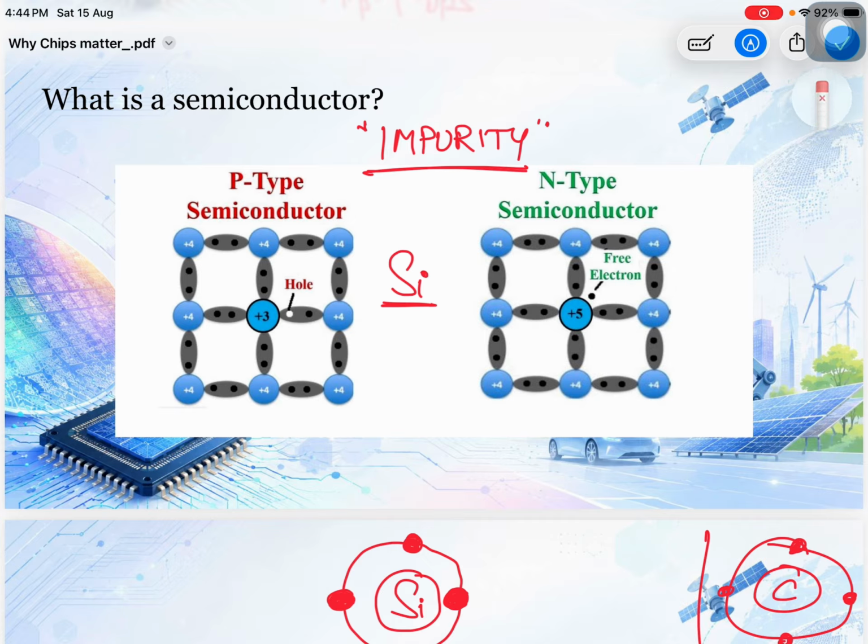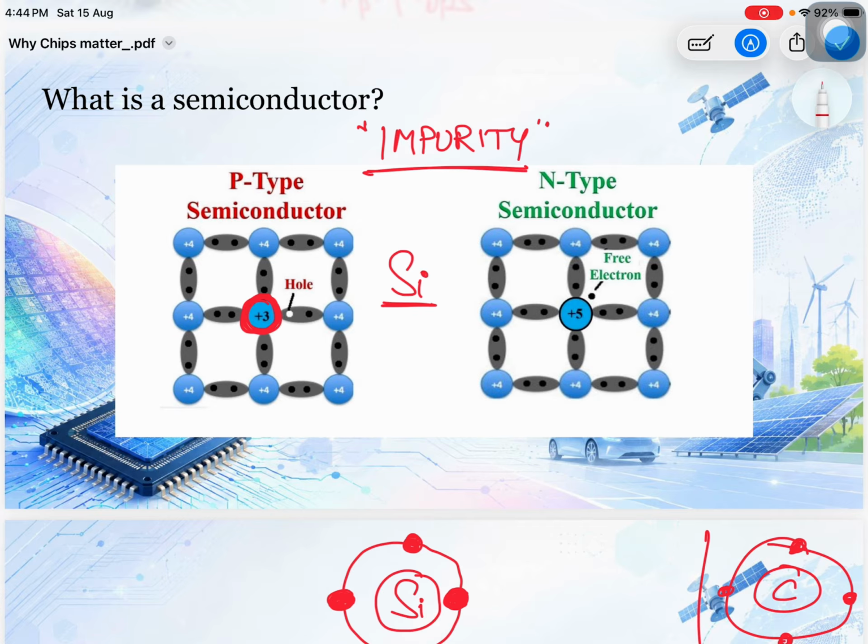Why is it positive? Because the impurity induced is of an element whose outermost shell has 3 electrons. You can see this circle in p type has plus 3, only 3 electrons. So it lacks 1 electron, and you can see a label written hole. This hole is a lack of 1 electron.